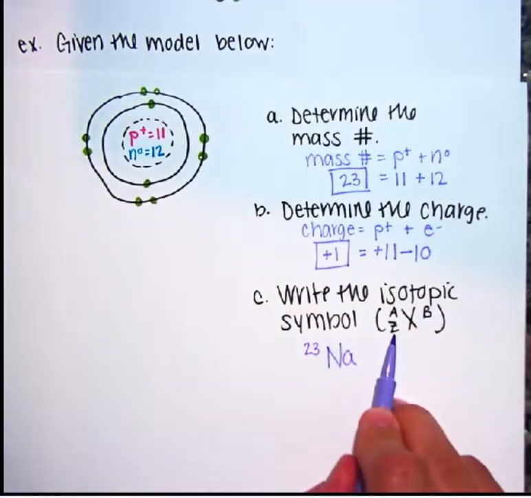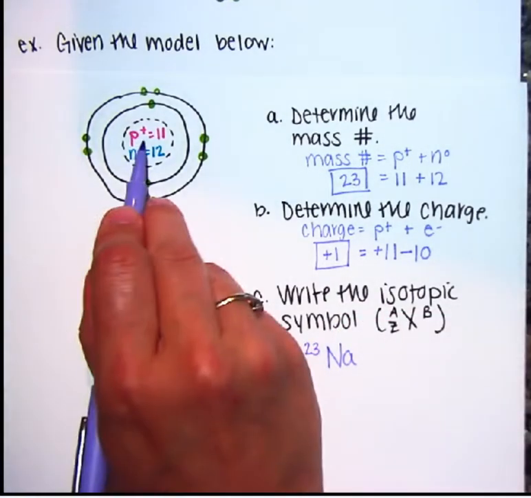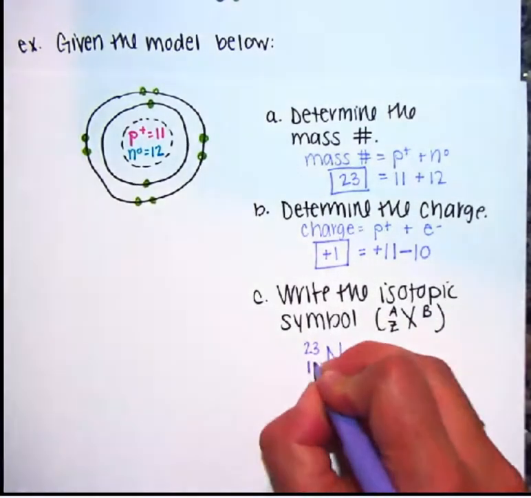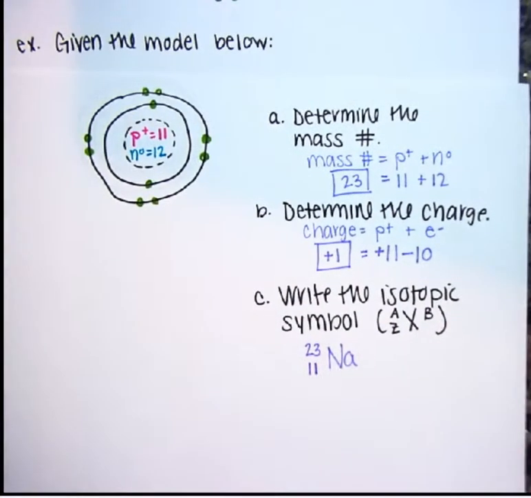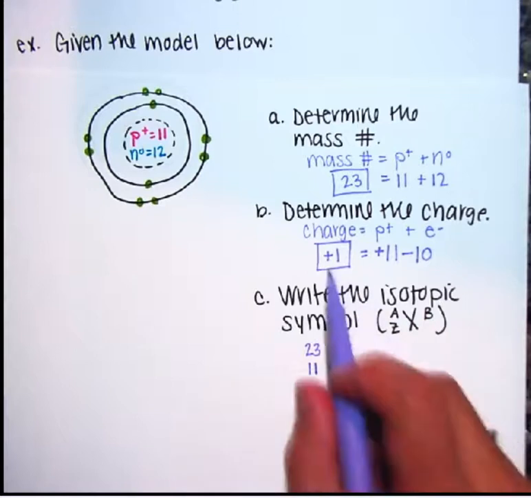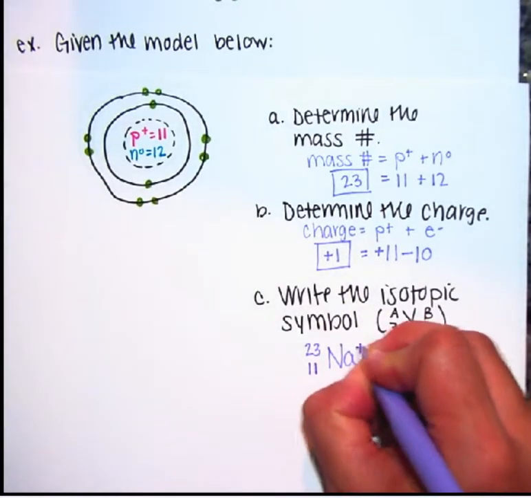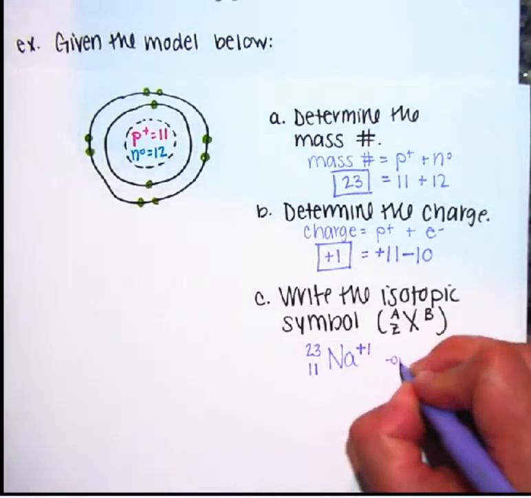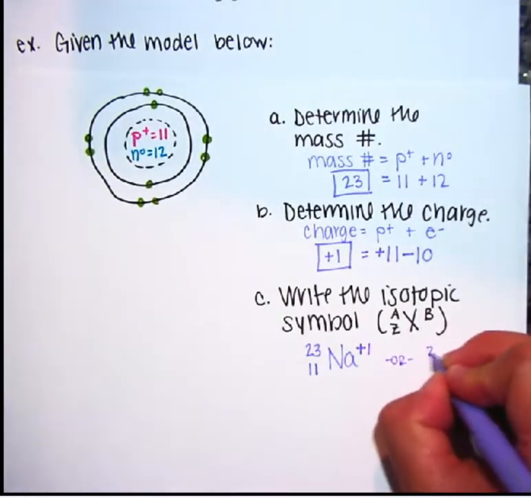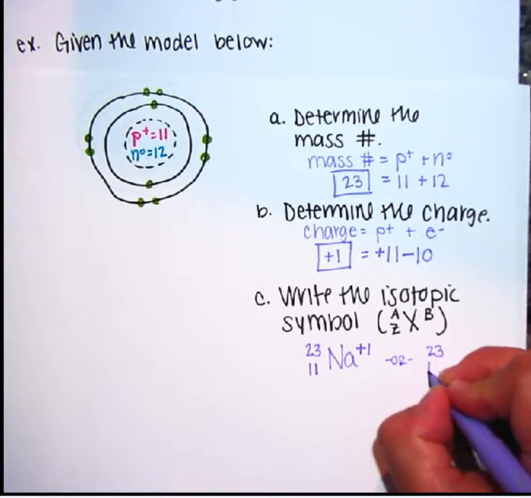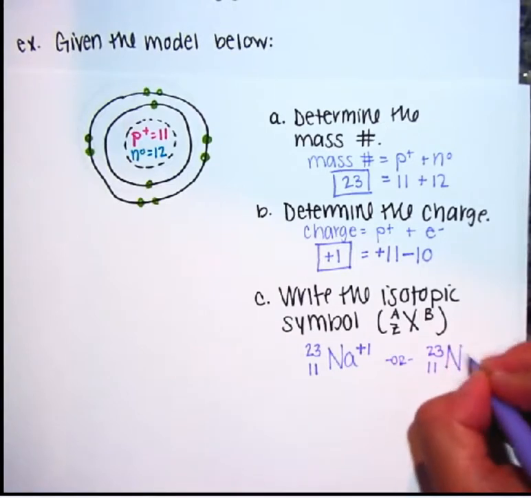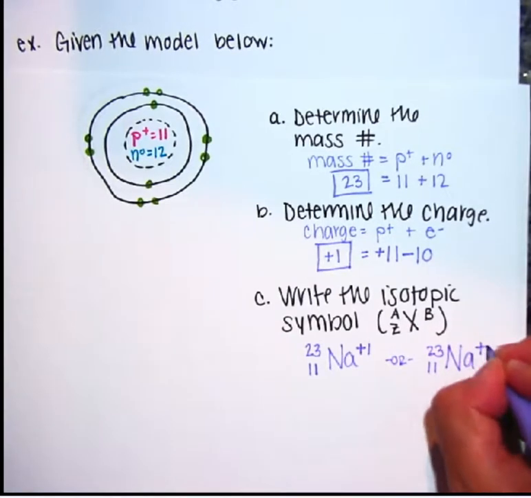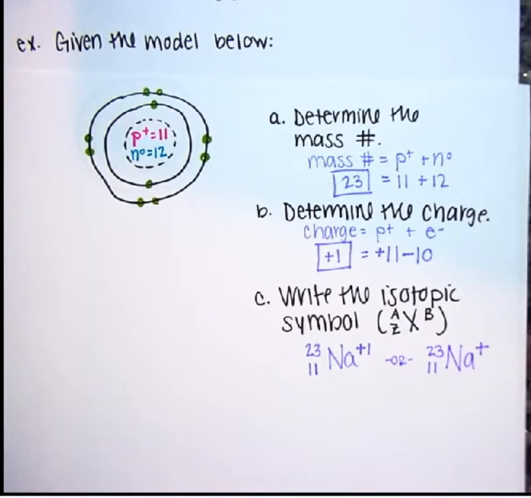The bottom number is the atomic number, which is equal to the number of protons, which is 11. B is the charge. The charge is +1. You could also leave the 1 out. So you can do 23, 11, sodium plus. Either way would be correct.